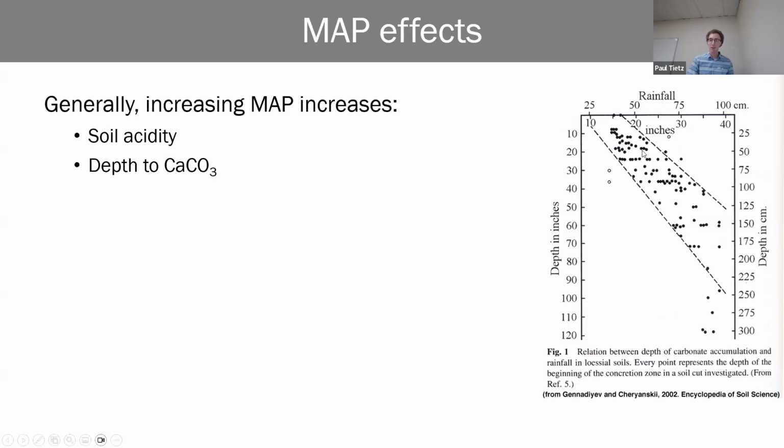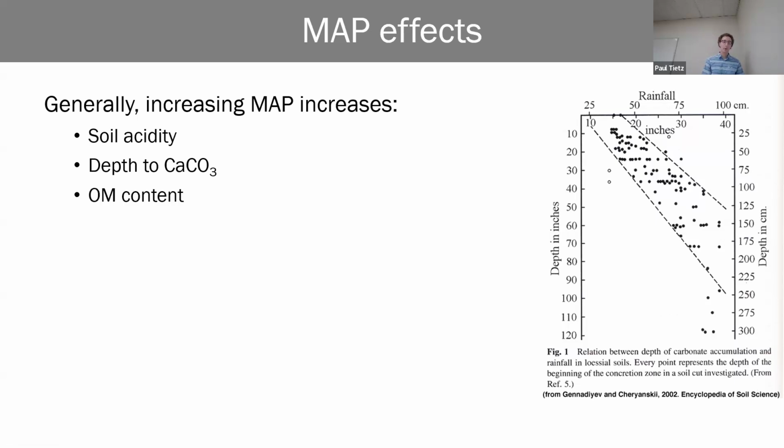So each dot here represents the depth of calcium carbonates in the profile. And as rainfall increases, as you have wetter and wetter soils, the depth that you observe carbonates is increasing as well. So depth of calcium carbonates. We remember calcification as a process in soils usually happens in the dry areas. Perhaps that makes sense. Areas with less rainfall will have carbonates closer to the surface.